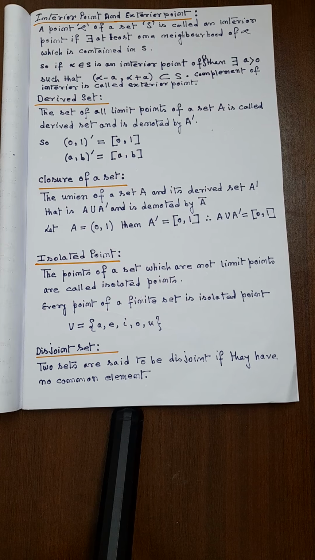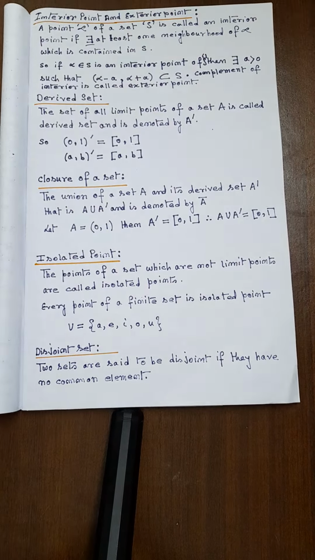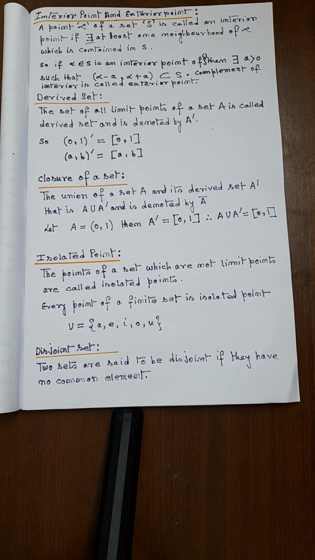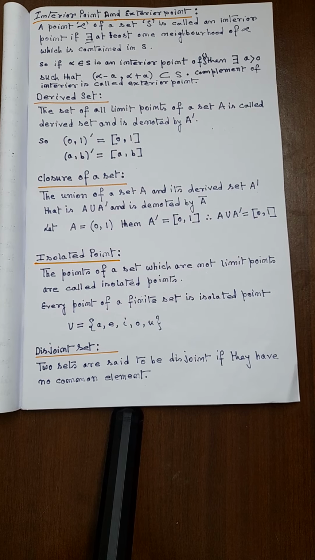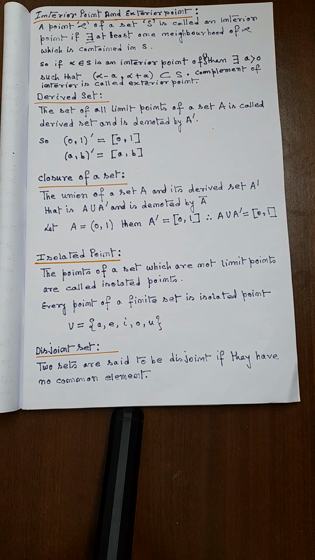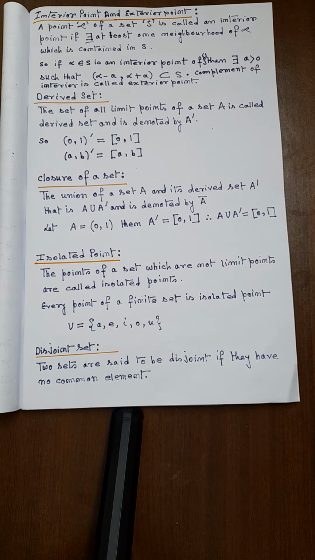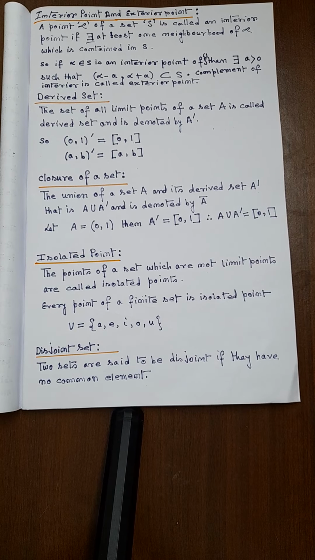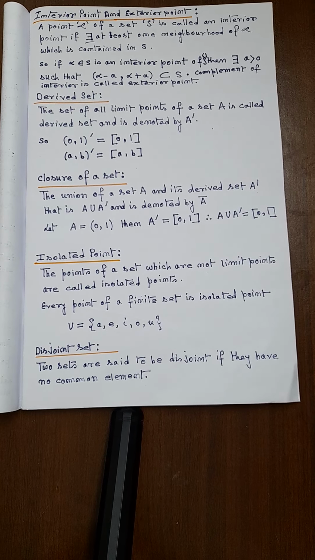A point alpha of a set S is called an interior point if there exists at least one neighborhood of alpha which is contained in S. So if alpha belonging to S is an interior point of S, then there exists a point a greater than 0 such that the open interval (alpha minus a, alpha plus a) will be a subset of S.